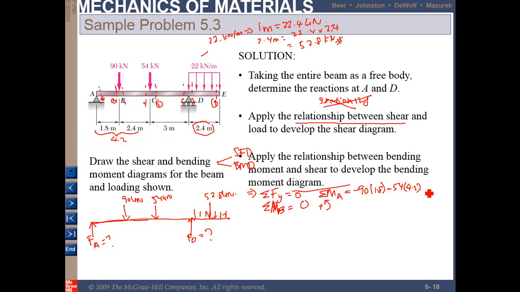And then minus 52.8, which is acting in the middle, so 52.8 times 1.2.